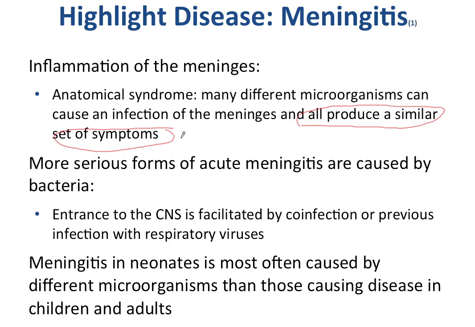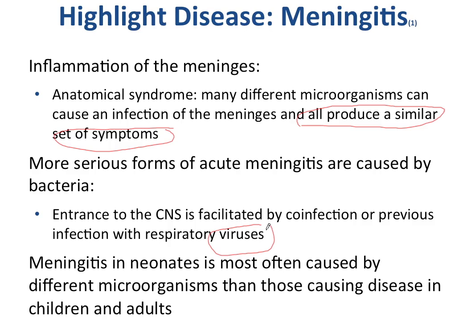The pathogens could be bacteria. The bacteria invade the nervous system and cause infections. Most of the bacteria invade the nervous system through the respiratory tract. Also, viruses can cause meningitis.